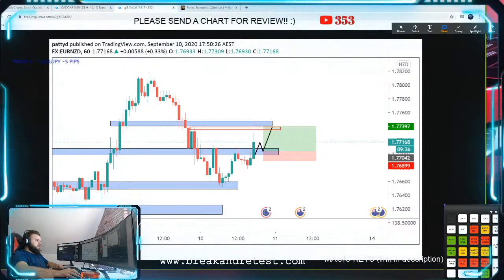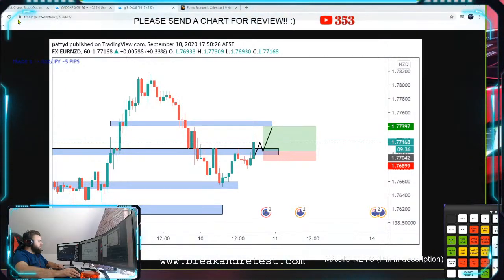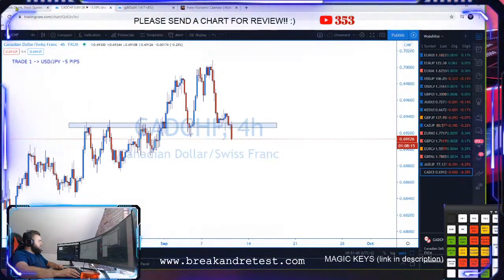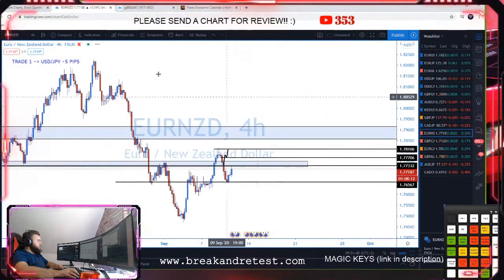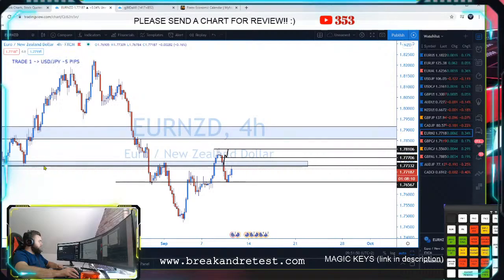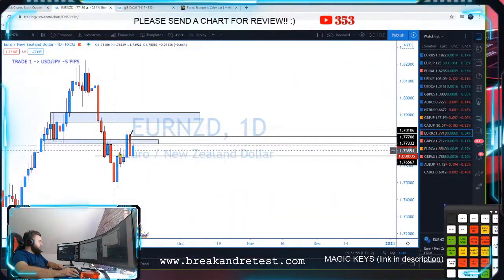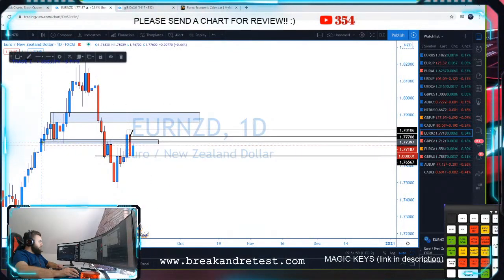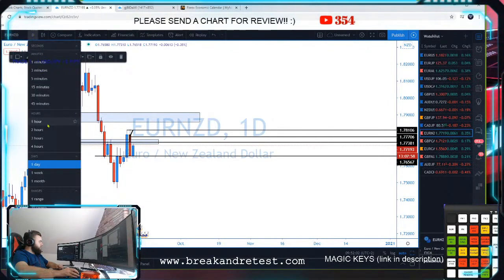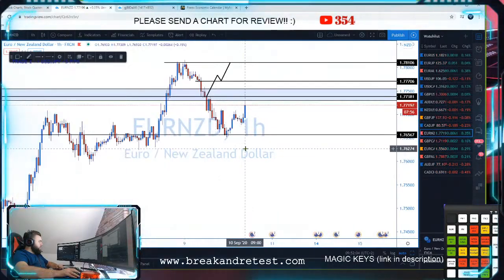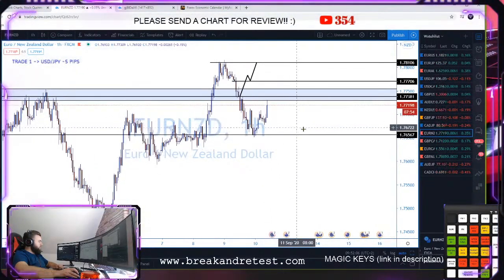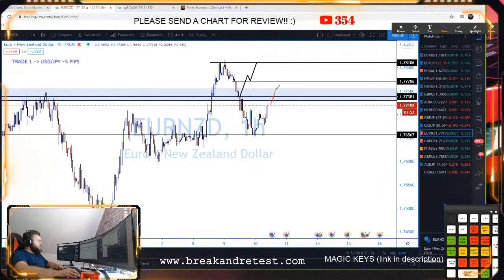I'm gonna skip Euro NZD because, like I said before, we are in between two daily zones on Euro NZD, if I'm not wrong. Yes, so we have this resistance and this support, so we're in between. Wait for this resistance to break, and this resistance matches with a 1 hour zone, which means we need a break above this, a retest, and continuation.